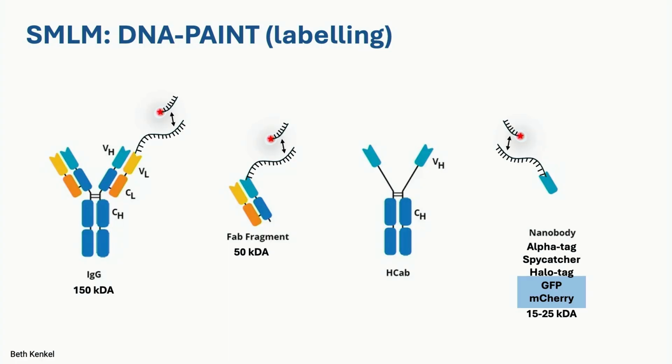So if you already have a structure or cell lines that are expressing GFP, mCherry, mScarlet, you can also use this technique with this. So the blinking mechanism that we use is the binding and unbinding of a single DNA strand to a docking strand that is targeting our antibody or protein, okay?